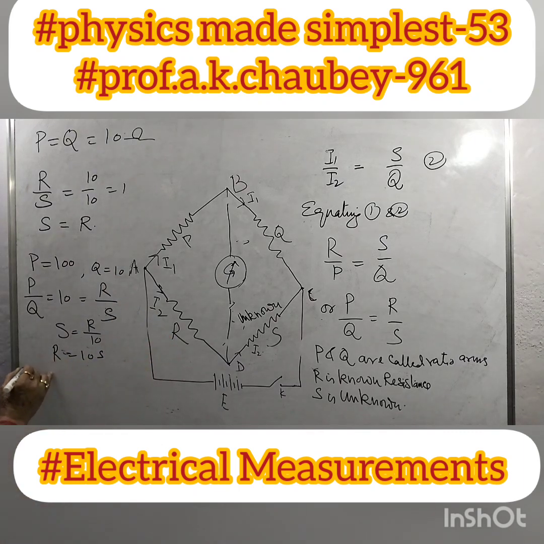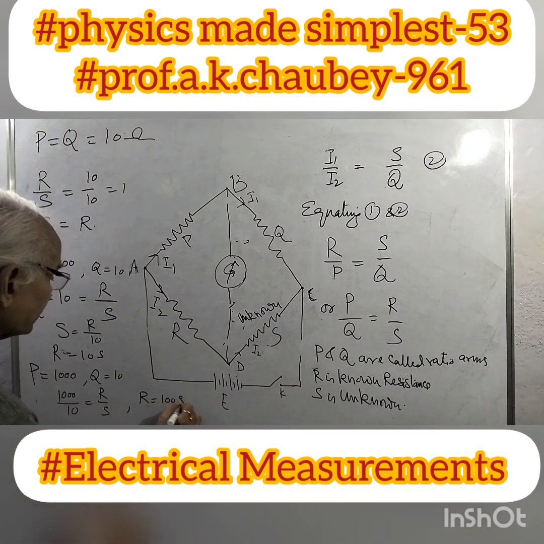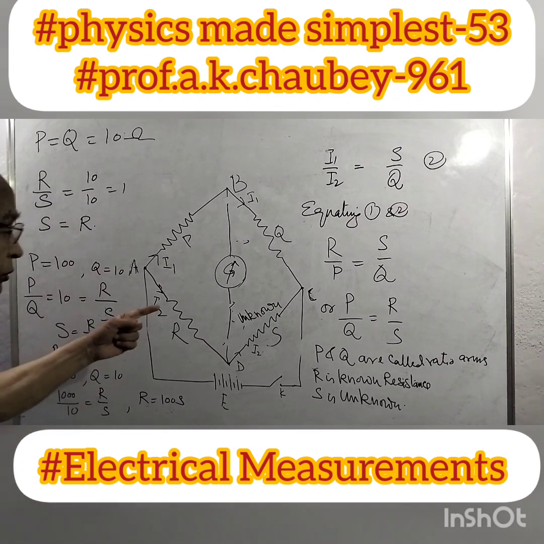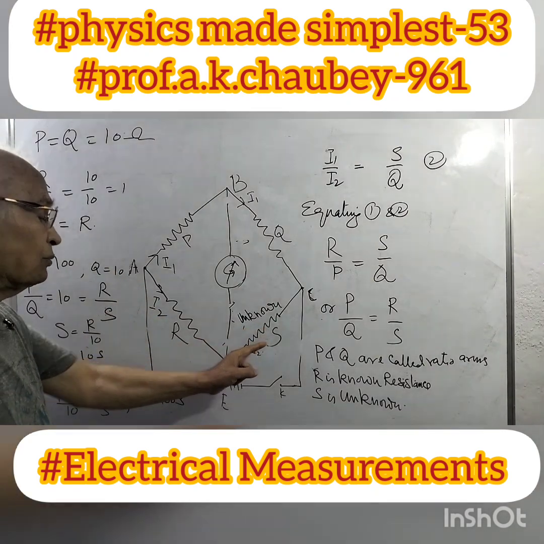We take, say, P is equal to 1000 and keep Q as 10. Then 1000 over 10, P over Q, is R over S. So R is now 100 times of S. We have to take a resistance from the resistance box which is 100 times of this.